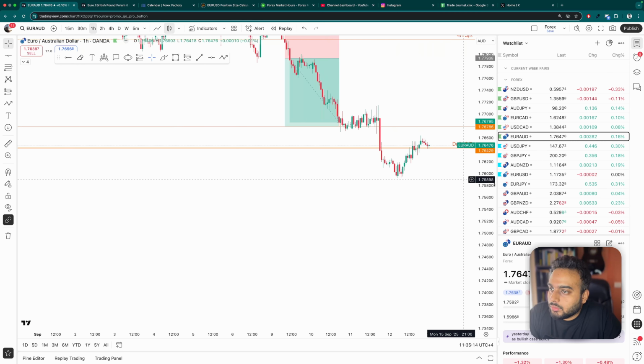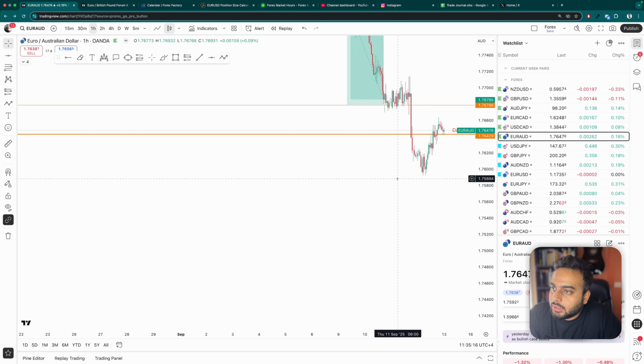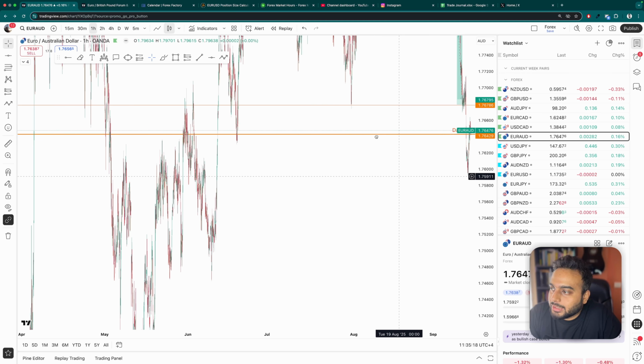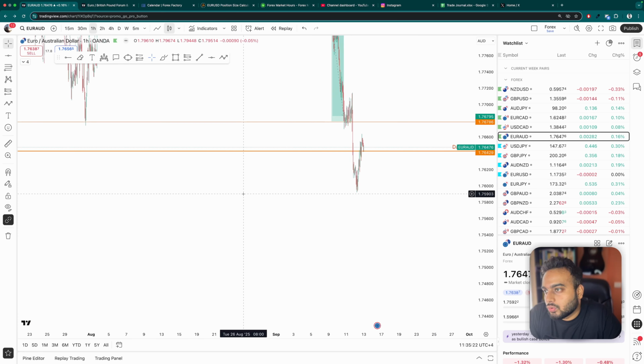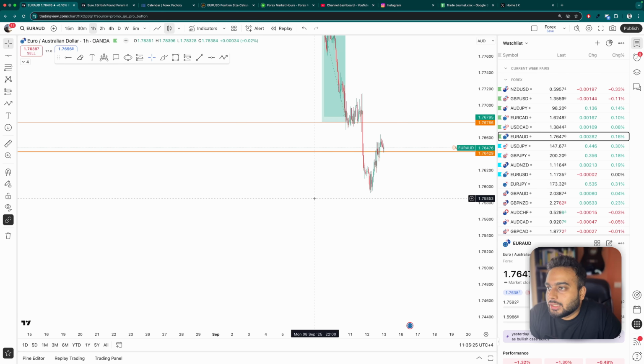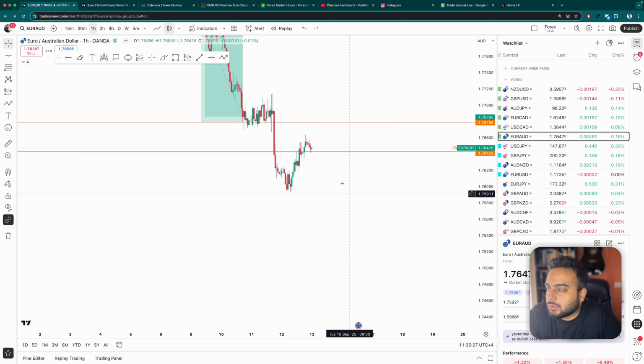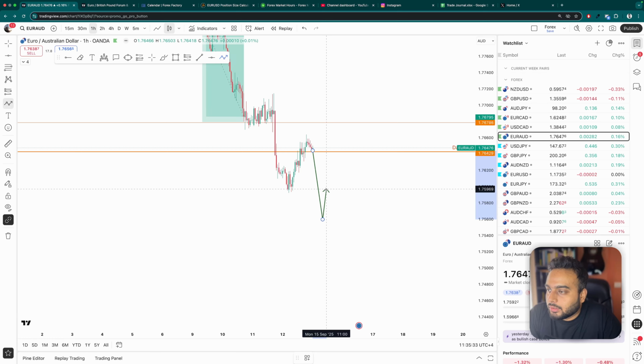So this is the low, and all I want price action to do is break the low. Nothing much, not many structures or anything. All I want price action to do to sell is break the low, and then I'll enter on the retest.